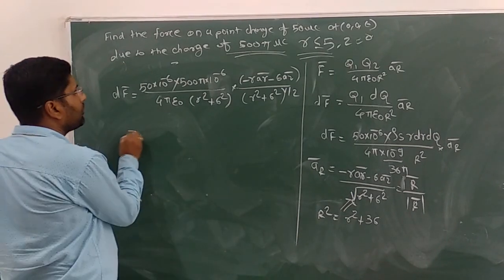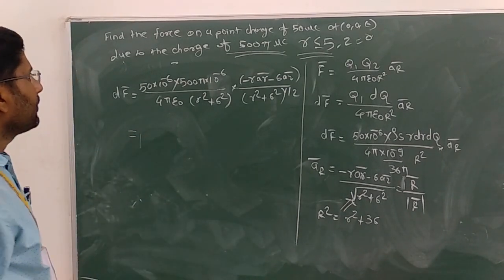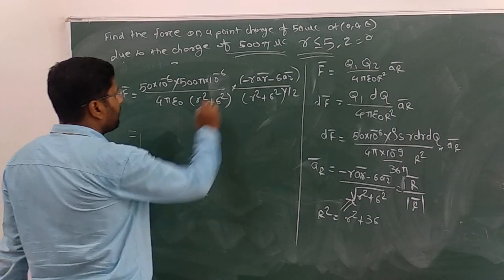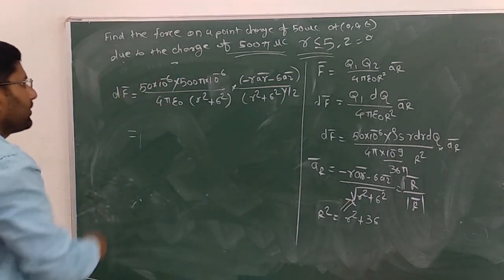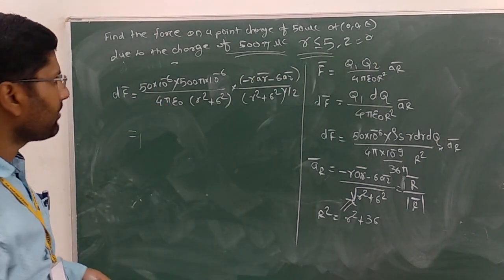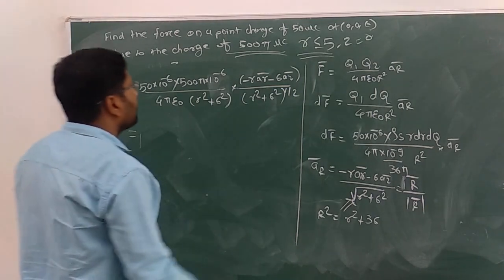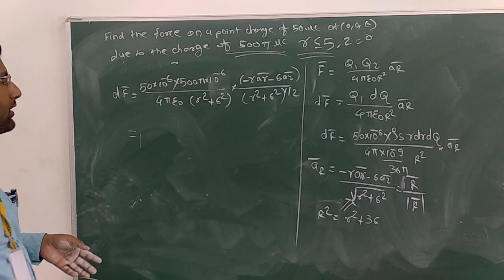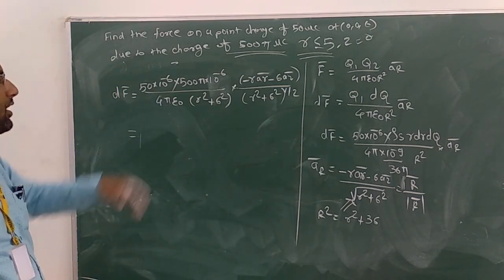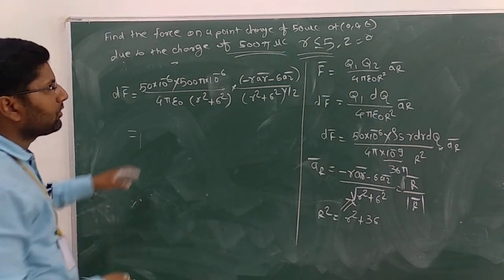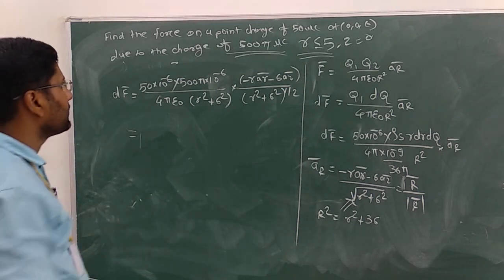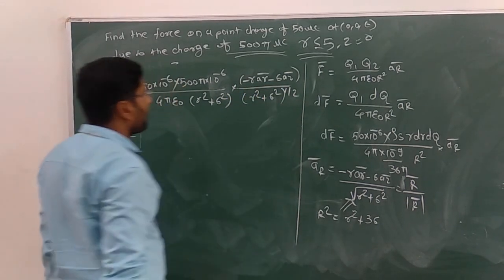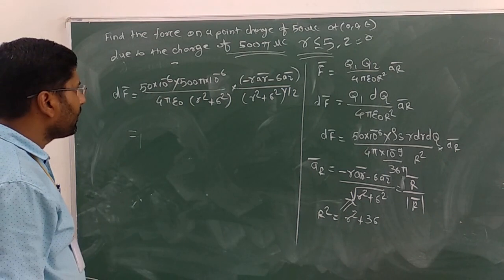So do this calculation: minus R AR bar and 6 AZ bar. So what about this AZ bar? If you are taking the AZ bar and AR bar, so what we have to do is this, minus AR bar and AZ bar.